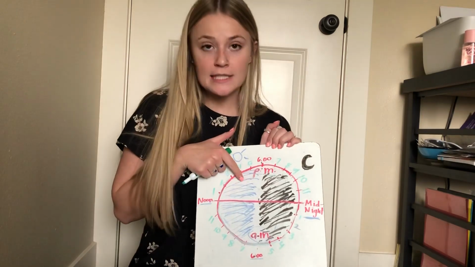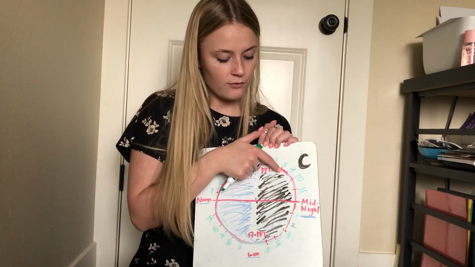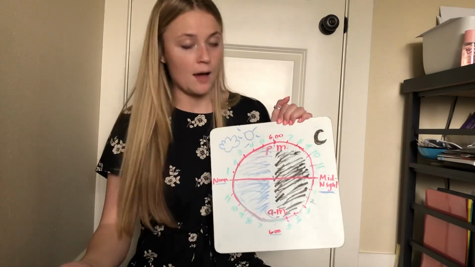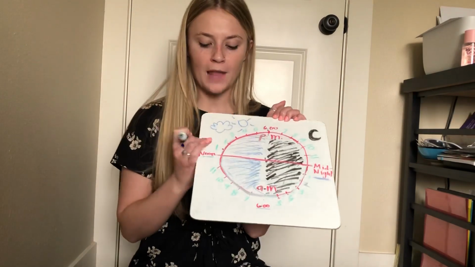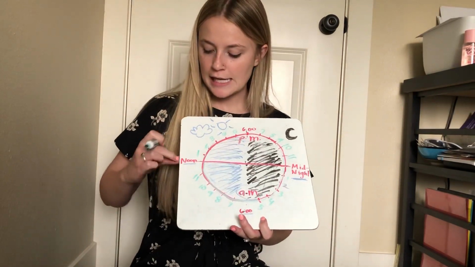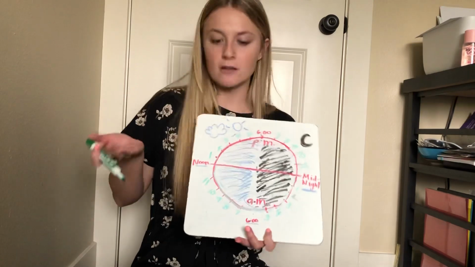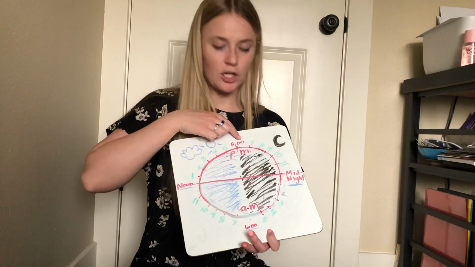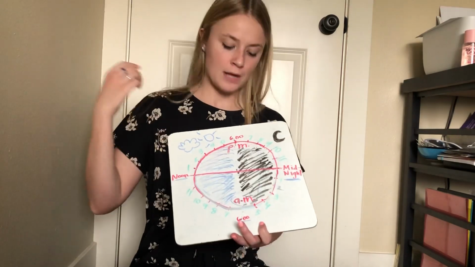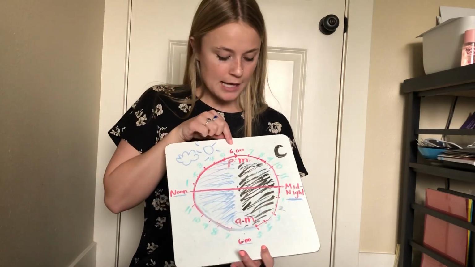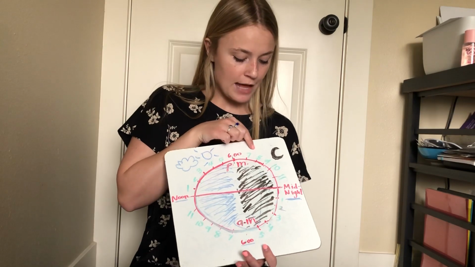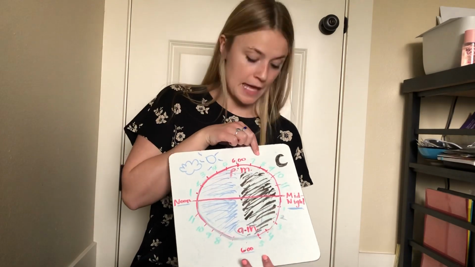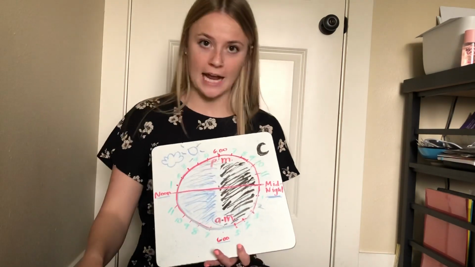Half of the circle is in blue and the other half is in black, because after lunch it's PM, but it's still light outside, right? 1, 2, the sun sets around 6, even later now, because it's getting warmer, so the sun will set around 7. It's still PM until midnight.